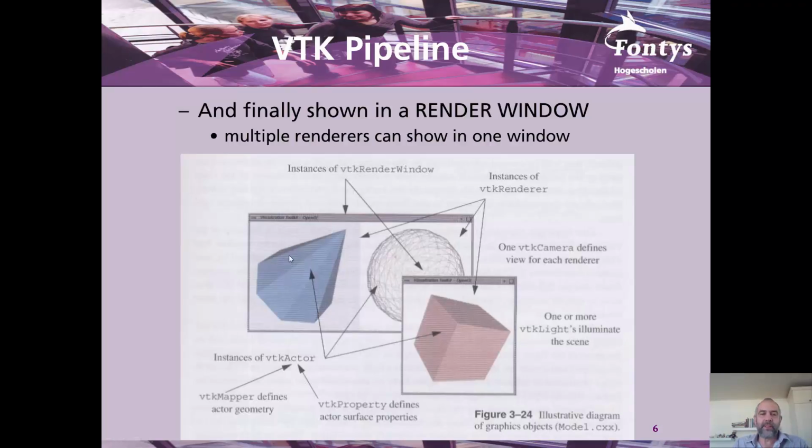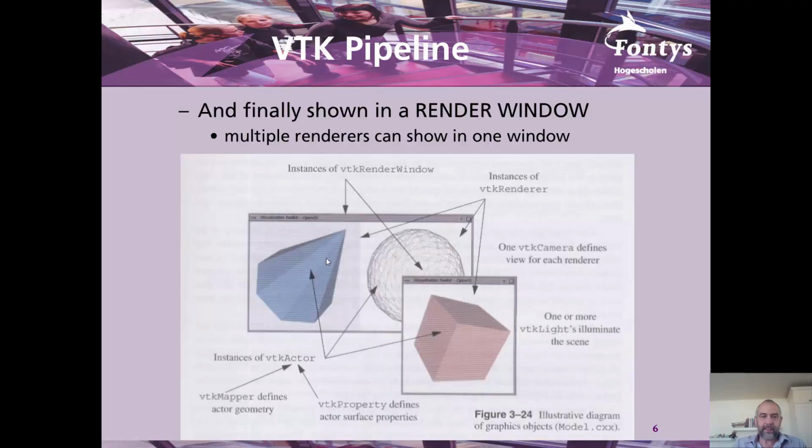In one view we see a pyramid, a cone, and in the other view we see a sphere. And here's another, smaller window with only one renderer in it that shows us a cube. So what we can see from this picture is that inside one rendering window we can have two renderers, left and right.